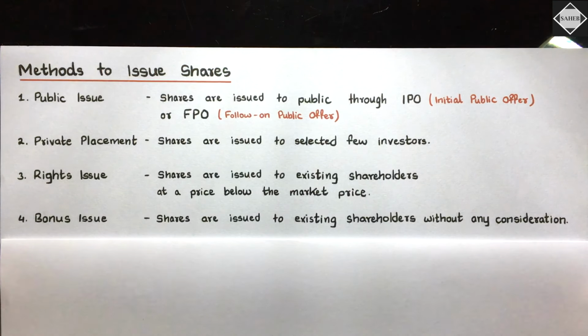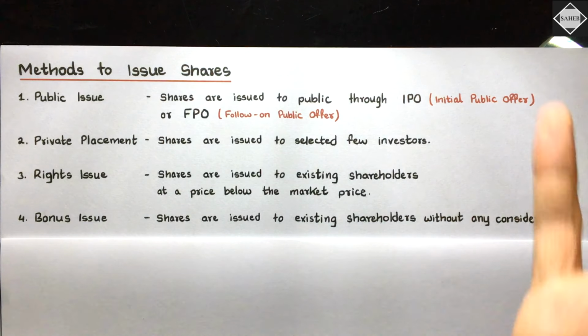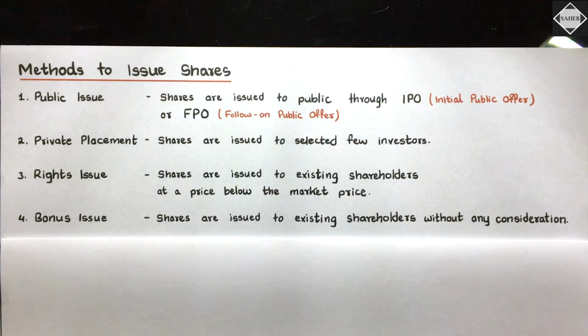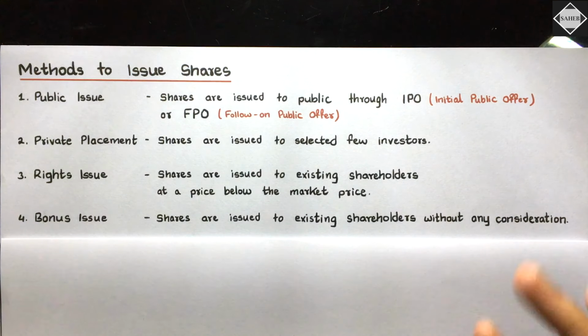Bonus issue means the shares will be given to the same existing shareholders, but without any consideration. The company will not get any money; it's like free shares to the existing shareholders. If you want to understand more about rights issue and bonus issue, I have made a separate chapter and a separate playlist. You can watch that playlist. So that's all about methods to issue shares.